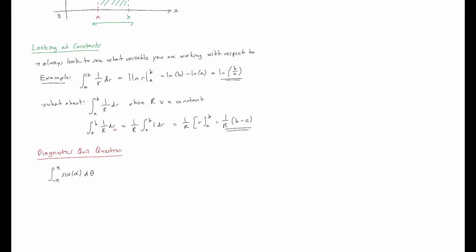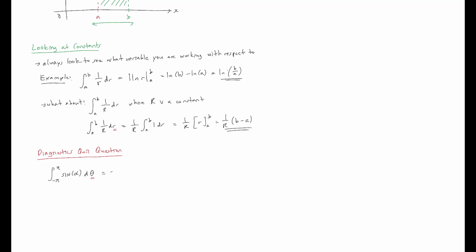When I look at this, the first thing I notice is what I'm integrating with respect to. I'm integrating with respect to theta, which means everything in the function that isn't theta is going to be considered a constant. So I have sine of alpha being my function. There's no theta in it whatsoever, so sine of alpha is a constant that I can take out.